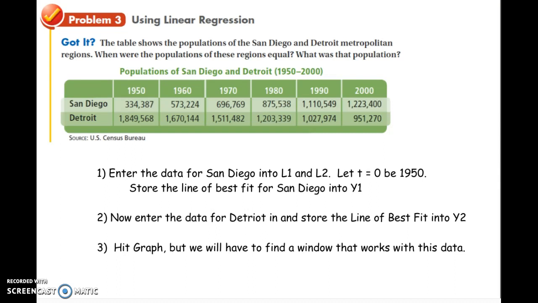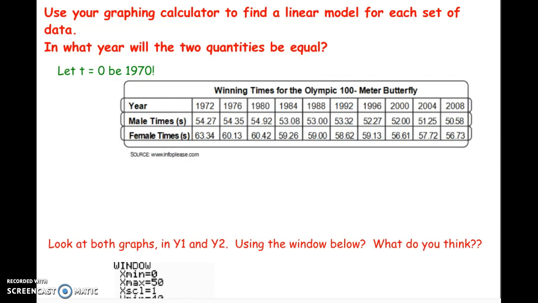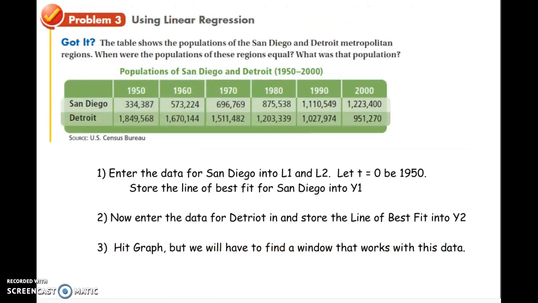All right. So if we want to look at one more example, this is an example of linear regression with a system. I'm not going to do this one for you, but I do want you to try it. I want you to get a line of best fit using this as L1 and San Diego as L2, and write the line of best fit.